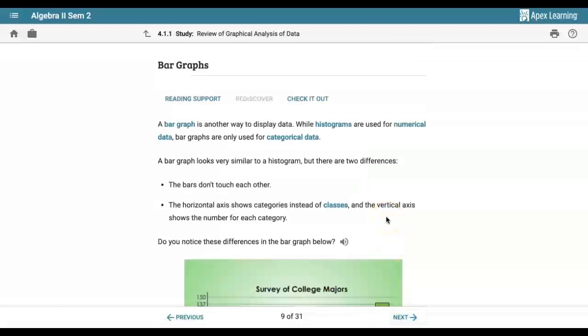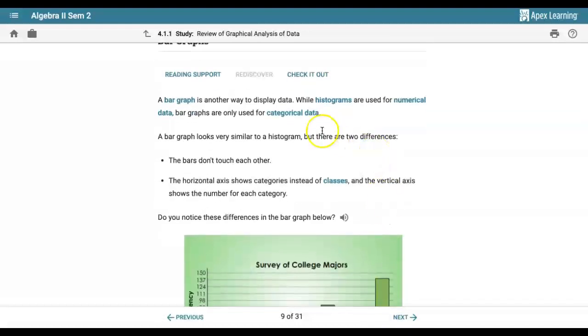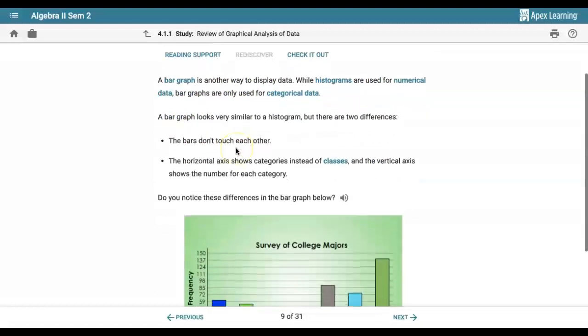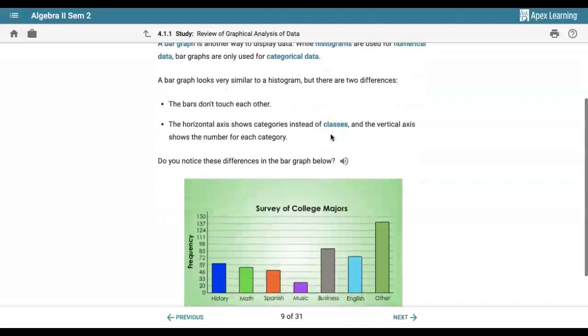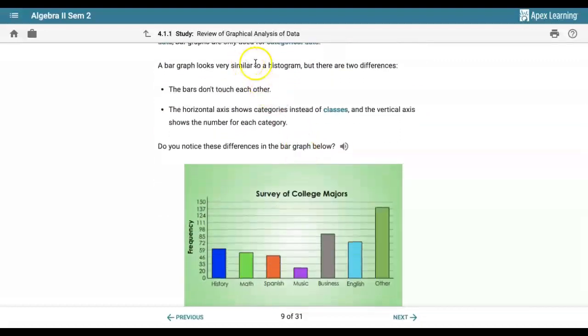Moving forward here, something similar but different is a bar graph. It's another way of displaying data. Histograms are really great for showing numerical data, but bar graphs are also good for showing categorical data. Bar graphs look very similar to a histogram, but there are two major differences.